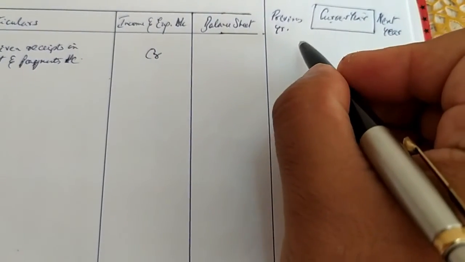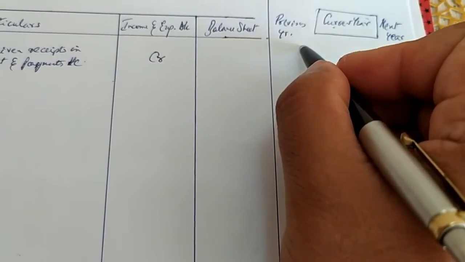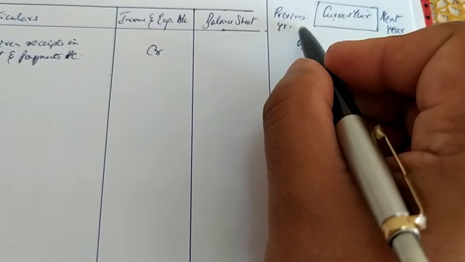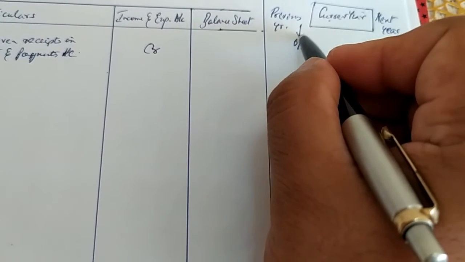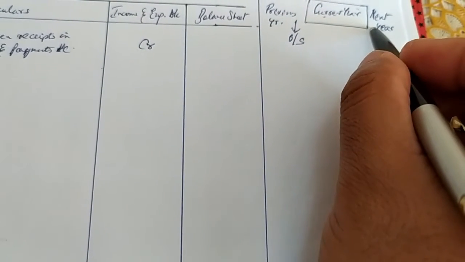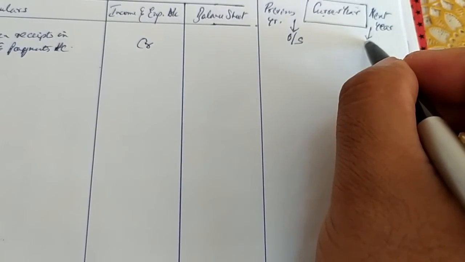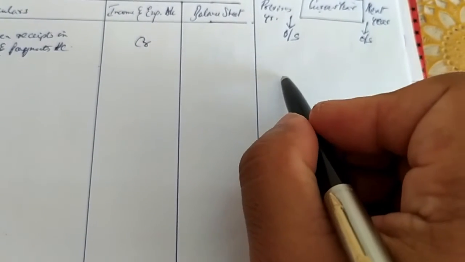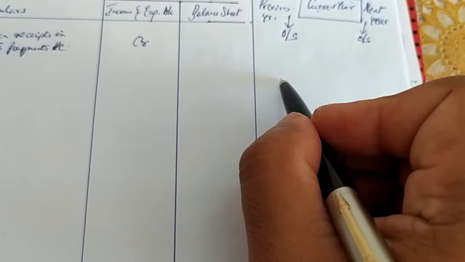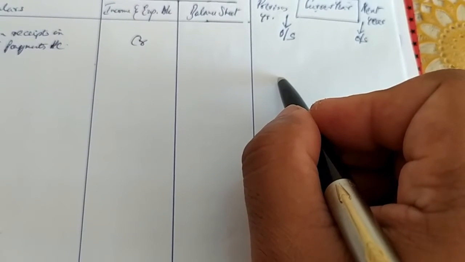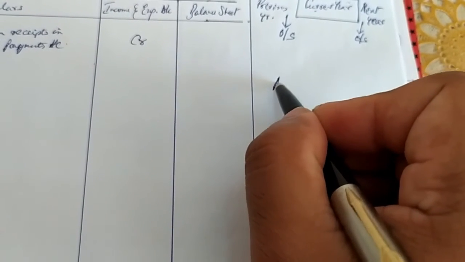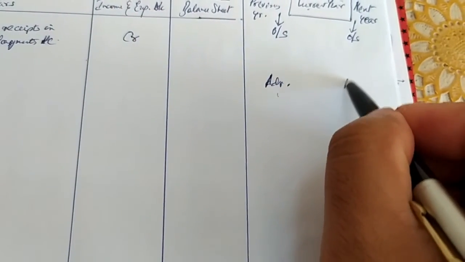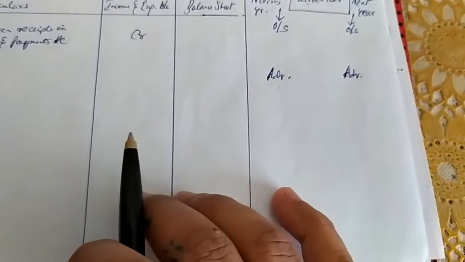Now you may be given the amount for adjustment in the form of outstanding at the beginning of the current year, and there may be an amount of outstanding at the end of the current accounting year. Also there may be an amount which is received in advance at the beginning of the year and received in advance at the end of the current year.